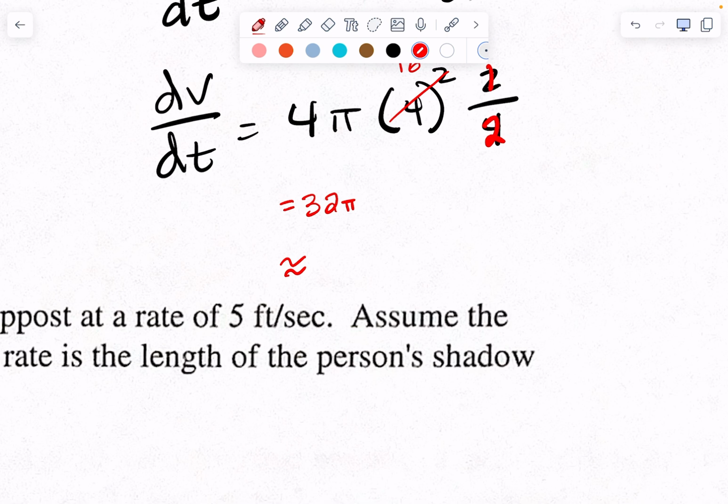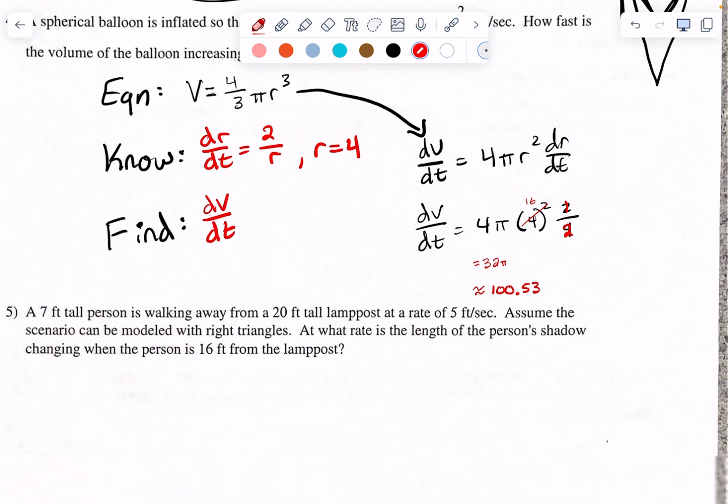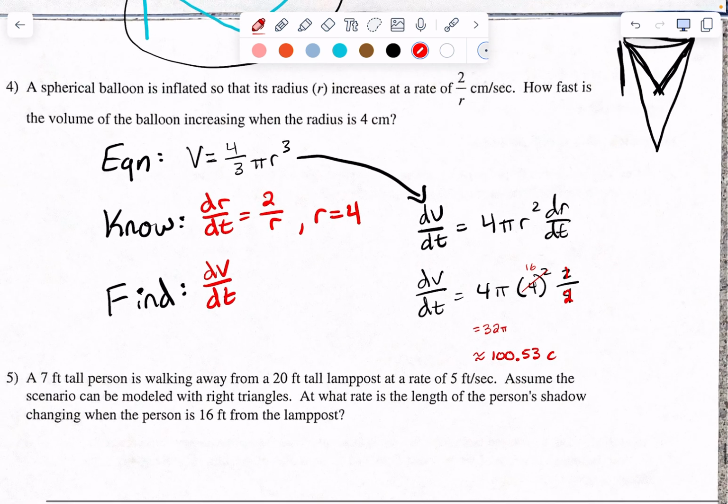I don't have a calculator. Tell me that equals that. Do you know how to switch it? What'd you get? I can't read from that far. Squint. 100.53? Yep. 100.53 centimeters cubed a second. Cubic centimeters per second, because we're doing volume, right?